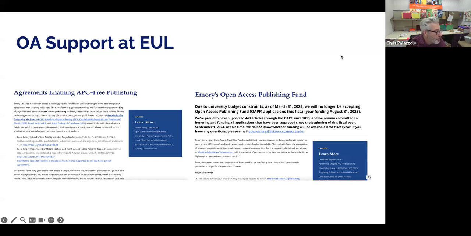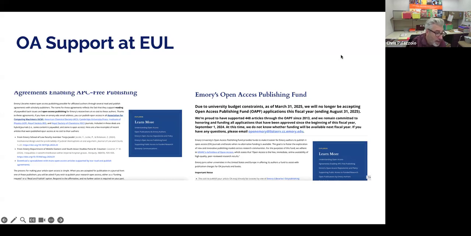In terms of the support that we have, these are two screenshots of two pages that we have up. There's a read and publish, APC-free publishing, as we call it, at Emory webpage that we have been putting together since about 2022, ever since we had our first transformative agreement. And there's also an open access publishing fund.